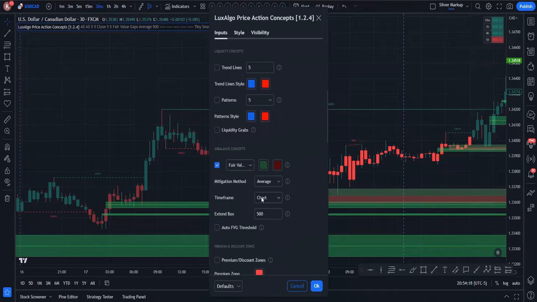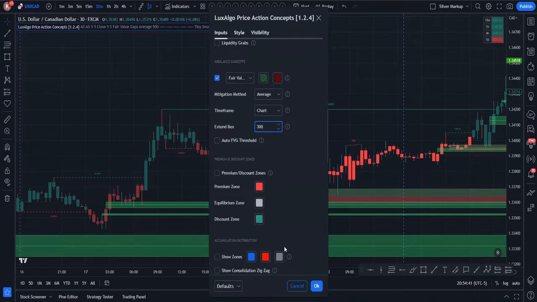Now, this is kind of up to you, but when you look at it, you're going to see a small number for extend box. This is just how many candlesticks or bars you want the imbalance to extend. A lot of times I have it between 200 and 500. I'm just going to put 300 here.